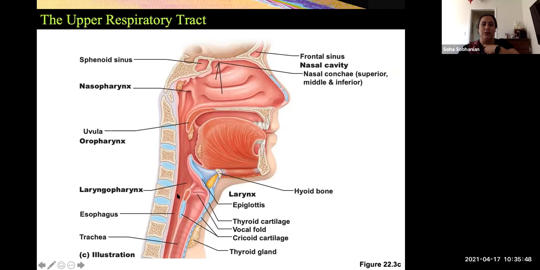I want the food to go down my esophagus, which is the path for my food. So here's the thing. If you are talking or breathing, the epiglottis wants to be in an open position. When you are eating, you want your epiglottis to be in a closed position.